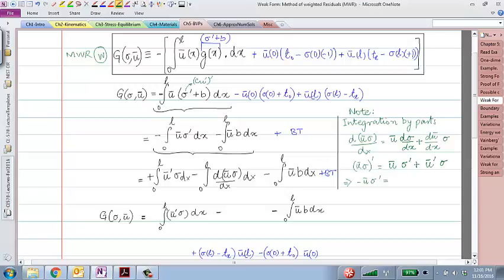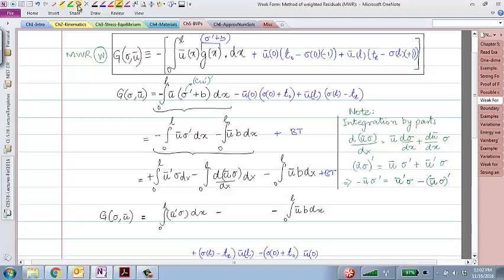Which means that if I take u bar times sigma prime to the other side, what I would get would be u bar prime sigma minus (u bar sigma) prime. All I'm doing is just rearranging the product rule there.